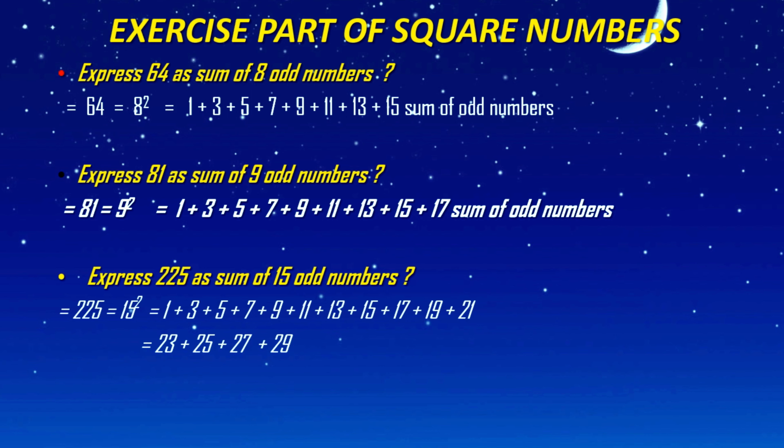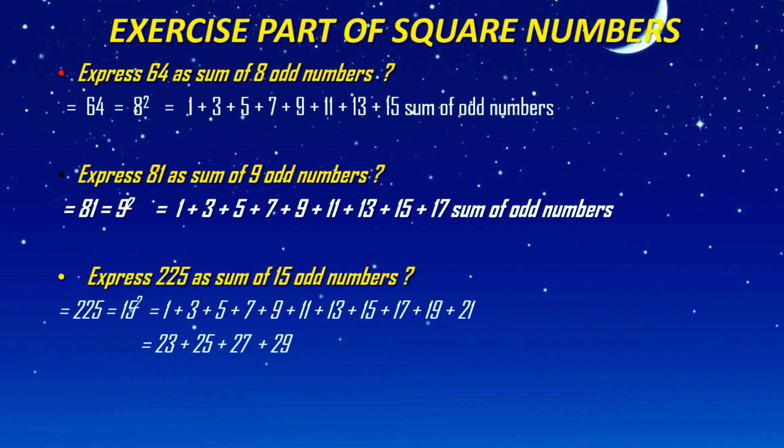These are all the odd numbers. How many numbers are there? 1, 2, 3, 4, 5, 6, 7, 8, 9. These are 9 odd numbers. So we make it 9 square. 9 nines are 81. So in this second example, we have got the square root of 81, that is 9. Let's see the third problem.